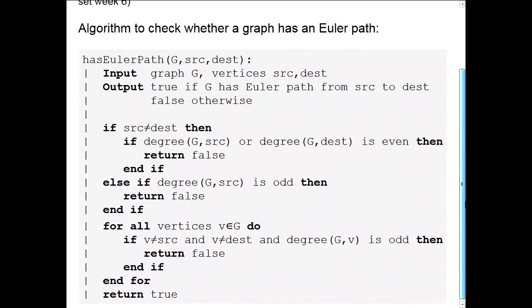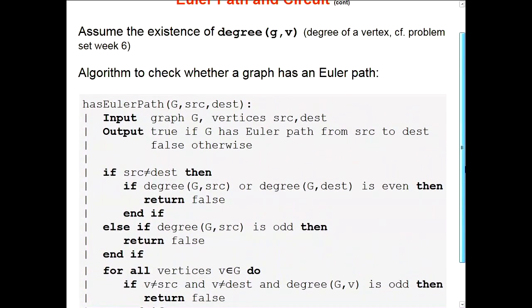which leads to a nice algorithm where we can just use these two theorems to check whether a graph does have an Euler path or an Euler circuit without doing a complicated search.